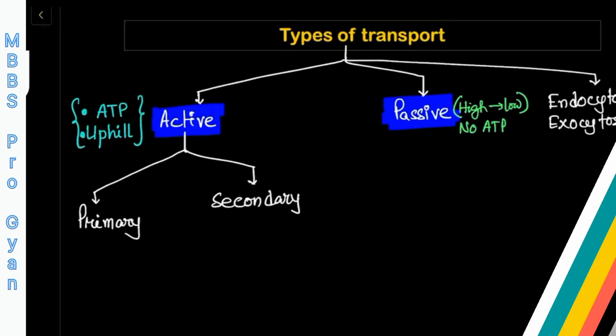Secondary active transport is again subdivided into symport or co-transport, and antiport or counter transport.